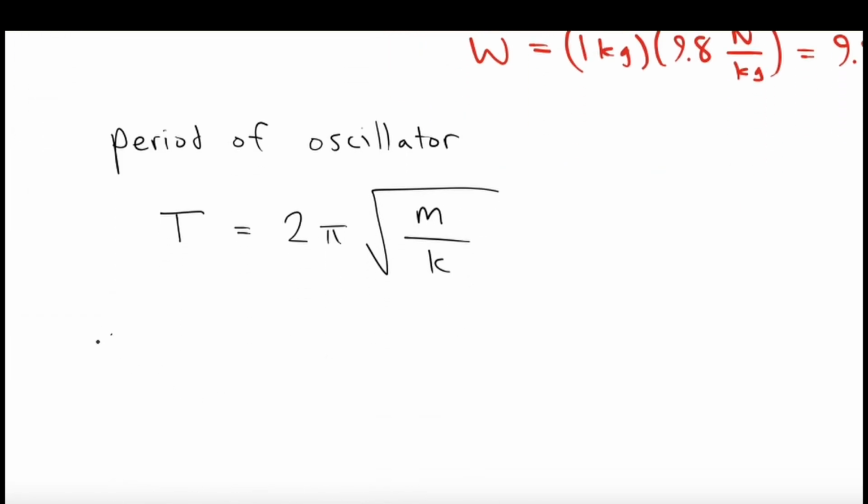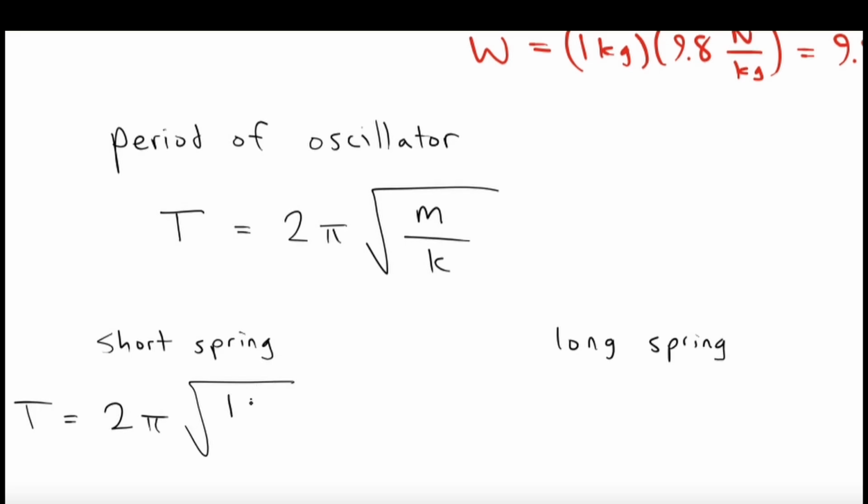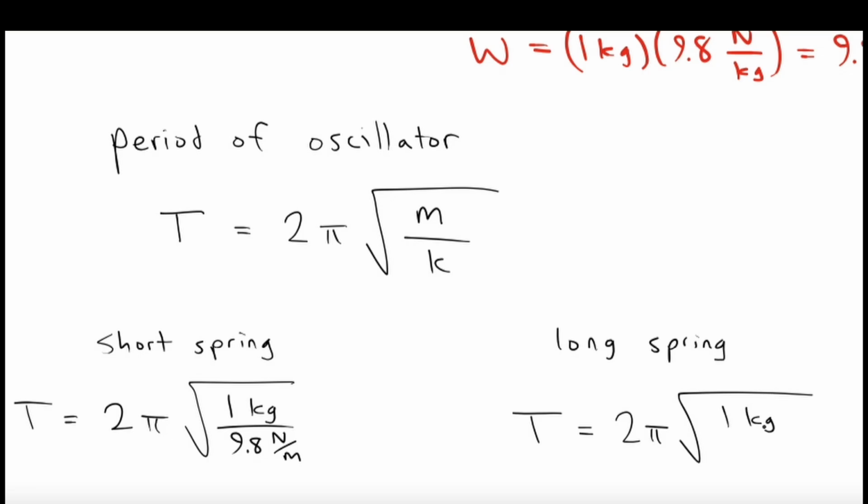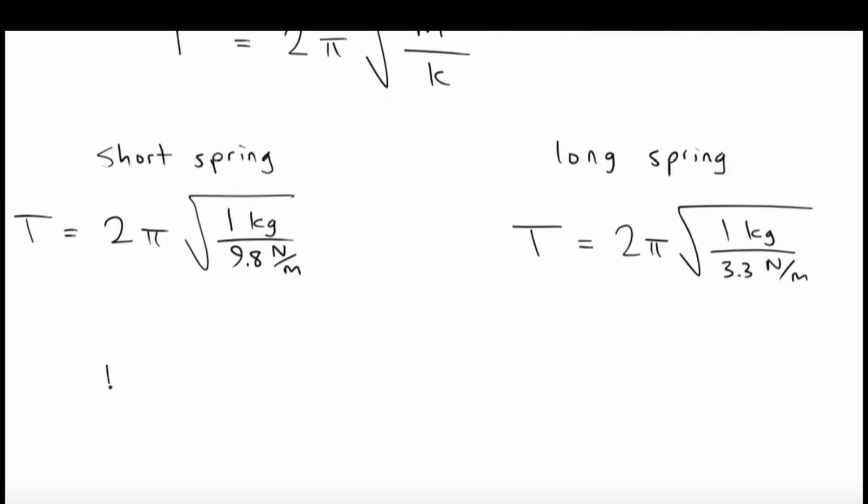For the short spring versus the long, you'll have 2 pi square root of 1 kilogram over 9.8 newtons per meter. That was the spring constant that we had found. The period of the long spring will be this. Let's see what they would be so that we can graph it.